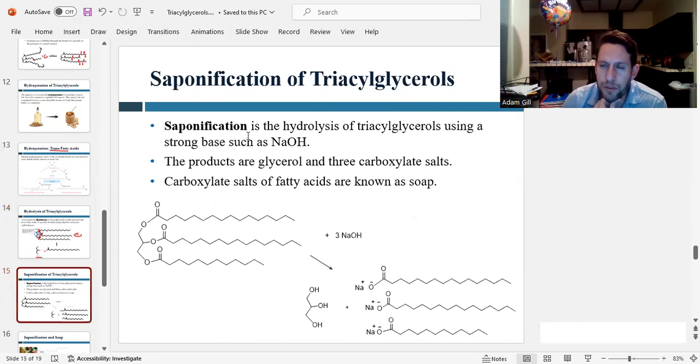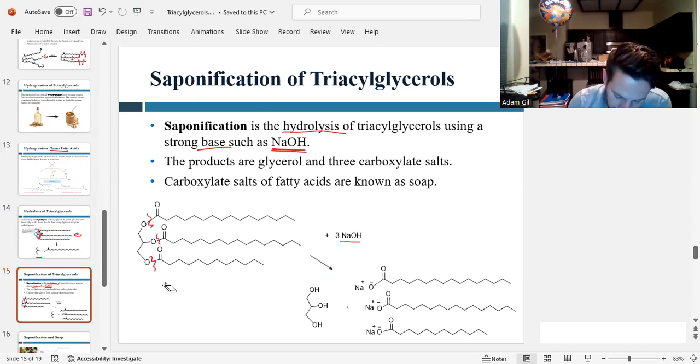Recall that we could do hydrolysis using a base. This gets a special name called saponification. And so it's hydrolysis using a base like NaOH. Now, if you recall from chapter 12, when you use a base to do the hydrolysis, you still cut in the same place, but we don't have H2O anymore.